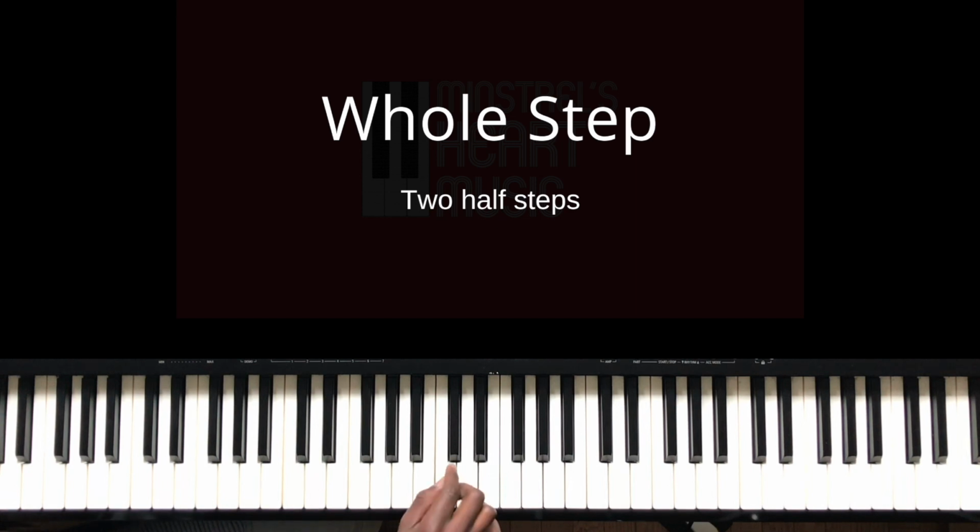If I am on this note, how should I move so that there are 2 half steps or 1 whole step? Let's just count the half steps. From here, you go here, and then from here, you go here. And that is 2 half steps or 1 whole step. So a whole step from here is here.